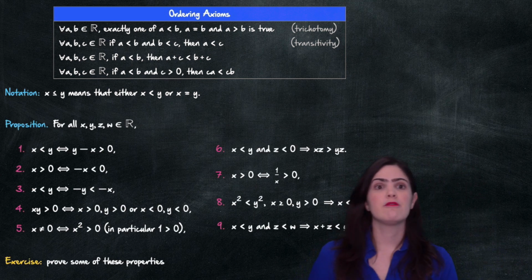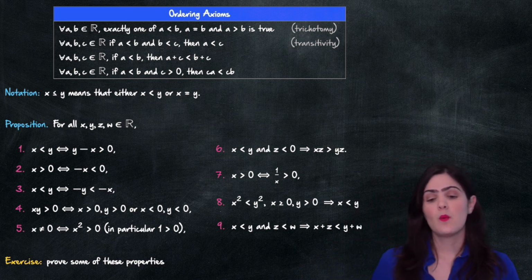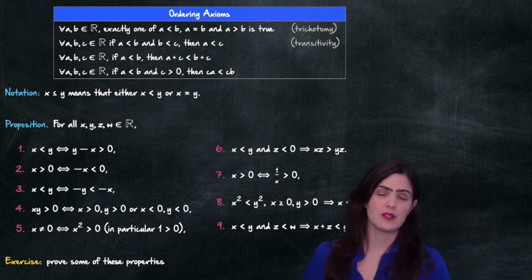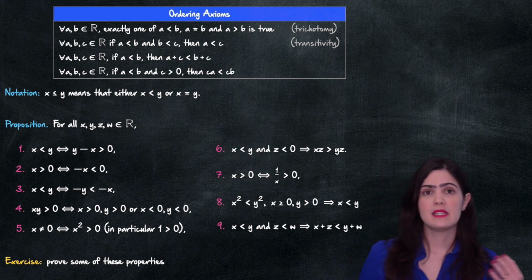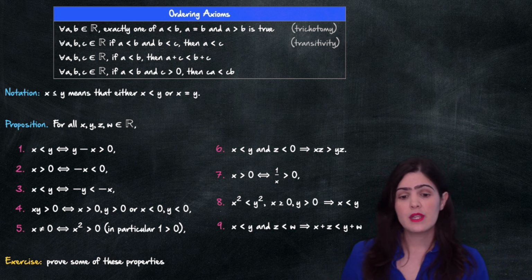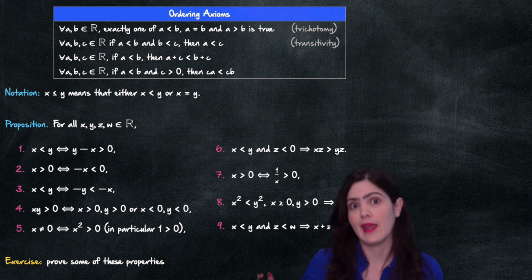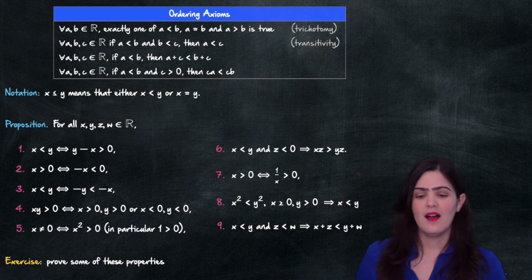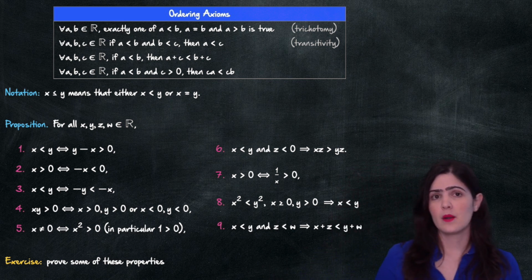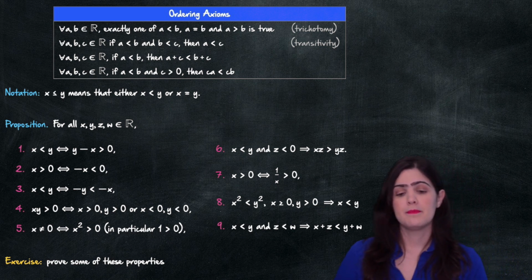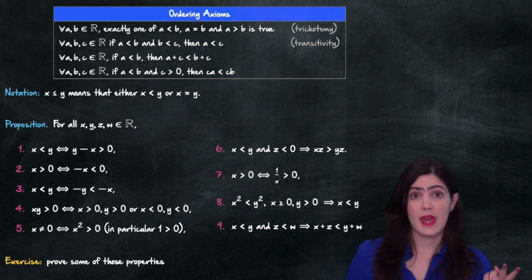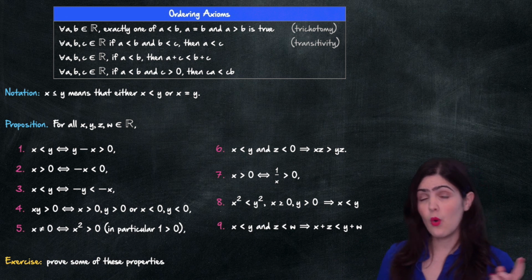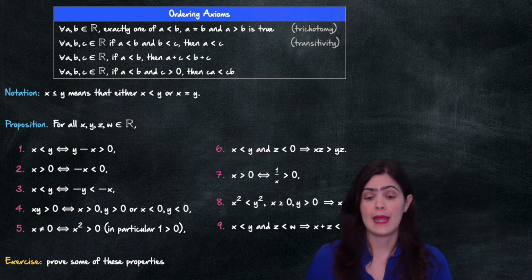For example, that if x is less than y, this is the same as y minus x is positive, or if x is positive, this is equivalent to negative x being negative. And if the product of x and y is positive, that is equivalent to either both x and y being positive or both x and y being negative.